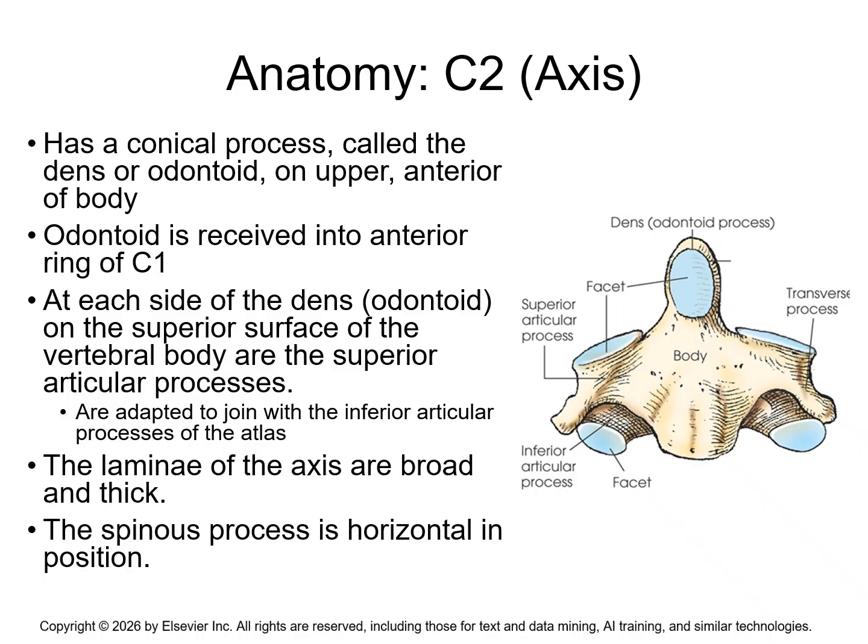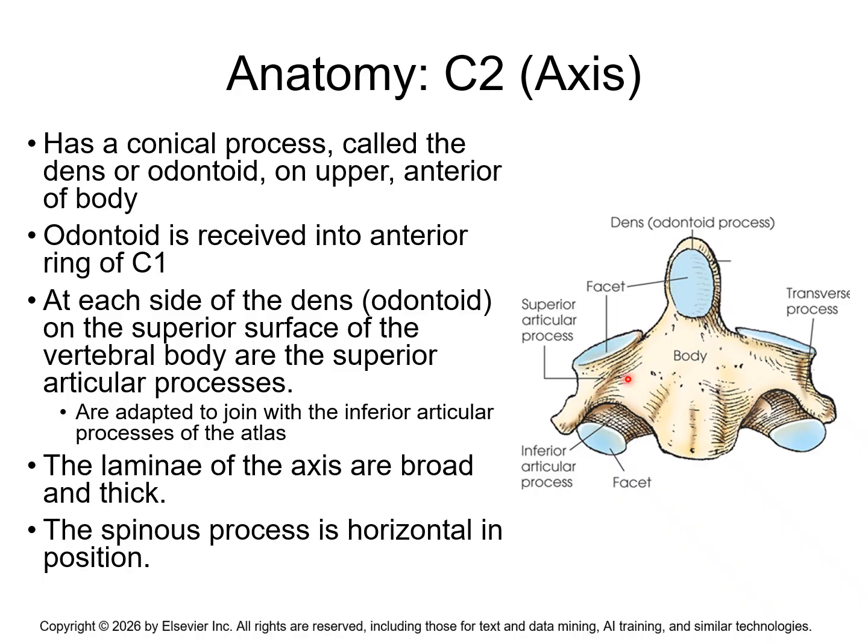Now, C2 is important because you have this little odontoid, and this is what we call the axis. This whole vertebra is called the axis because C1 fits right on top, and that's how your head turns from side to side. This slides up into C1. And then you have thick, broad lamina.